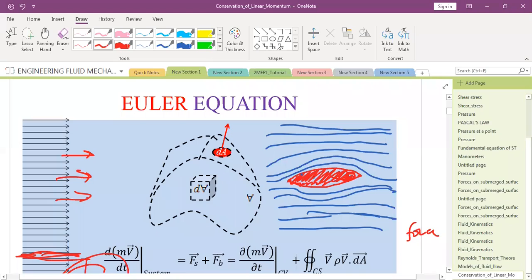But if you have a solid region, say you have kept a metallic object like this, you know that fluid will flow past that object.